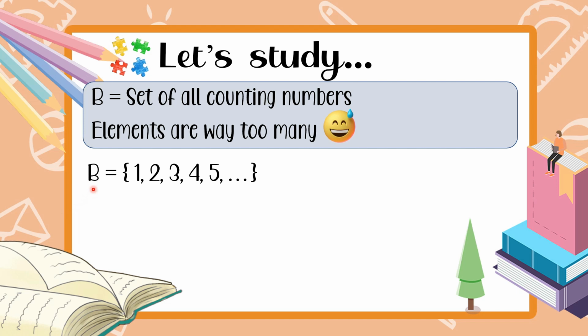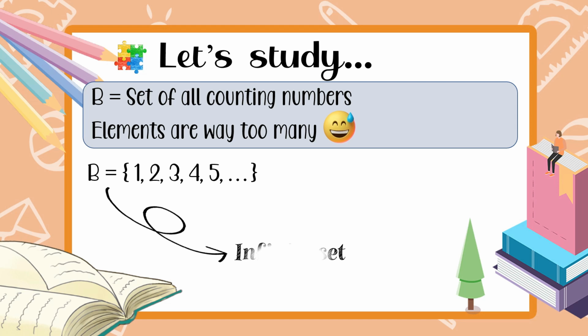So, we have here set B is equal to the open and close braces, then list down the elements. So, 1, 2, 3, 4, 5. Then, we have here 3 dots. We're going to talk about that later. Pero, ang ibig sabihin yan, 3 dots na yan, yung mga kasunod pa ni 5. And this set is what we call an infinite set.